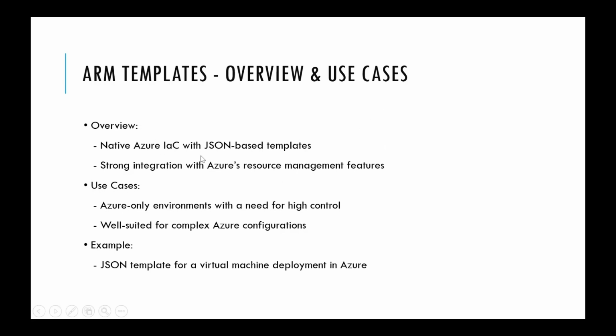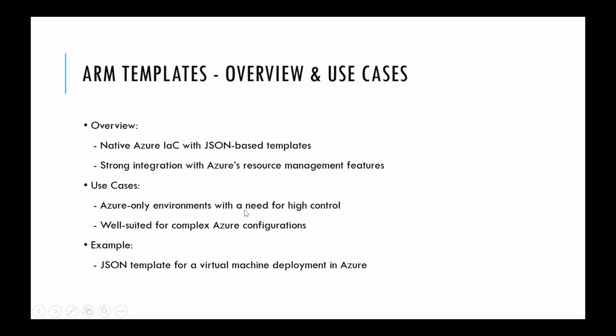So this is quite difficult to understand if you compare it with Azure Bicep. Strong integration with Azure Resource Management: you get all the features of Azure Resource Management to create all the Azure resources easily and as soon as they are available.